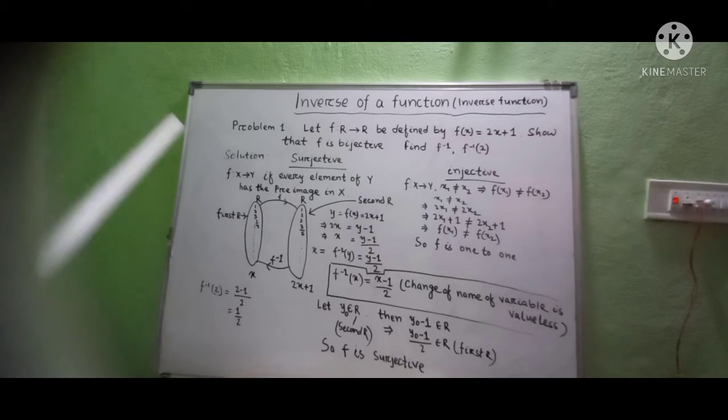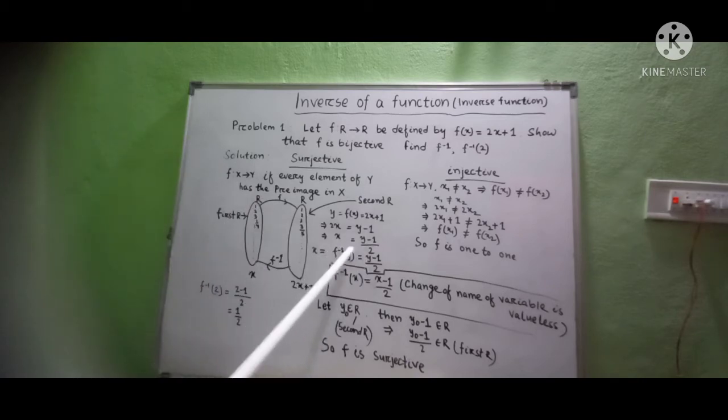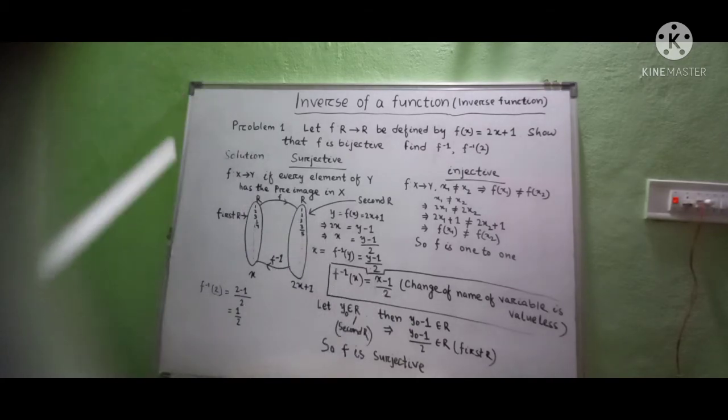Another thing you should understand: you can write this expression as F inverse of x equal to (x minus 1) by 2. Why? The change of name of variable is valueless. There is no effect on the relation.